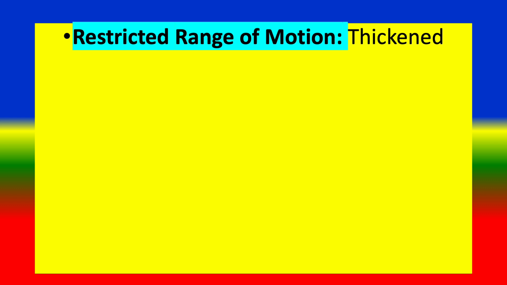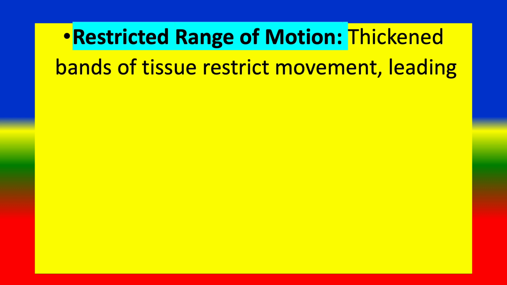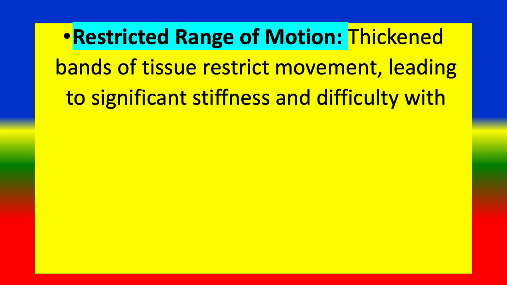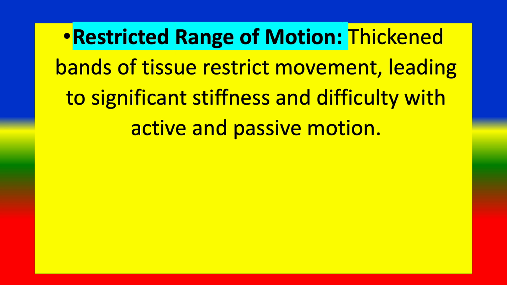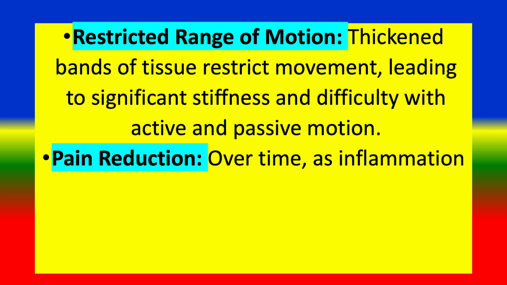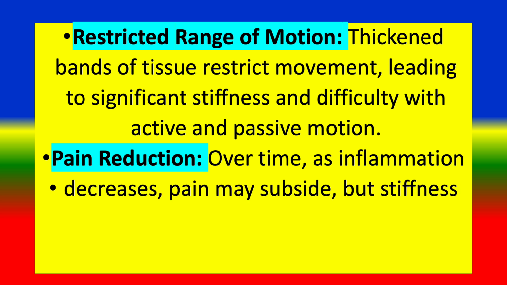Restricted range of motion. Thickened bands of tissue restrict movement, leading to significant stiffness and difficulty with active and passive motion. Pain reduction over time: as inflammation decreases, pain may subside, but stiffness remains.